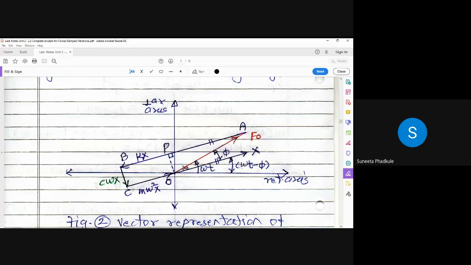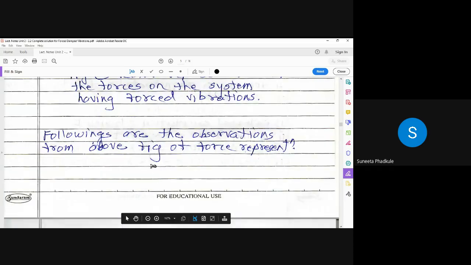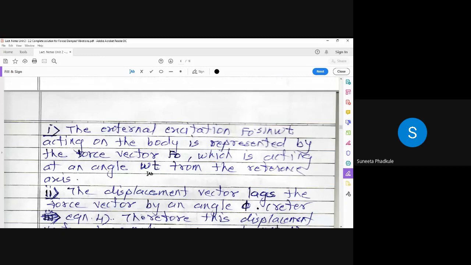The component of spring force, vertically downward or upward, is responsible for vibration. The component of damping force, vertically up and down, is responsible for vibration. Similarly, the component of inertia force. So all the vertical components of these four forces give the vibrations if the vibrations are taking place in the vertical direction. Understood?